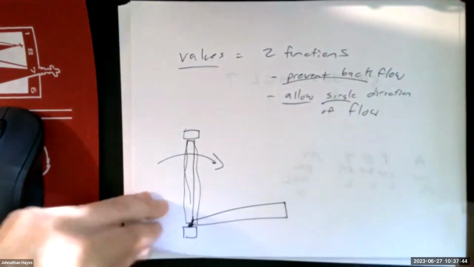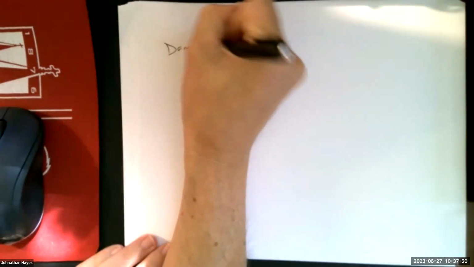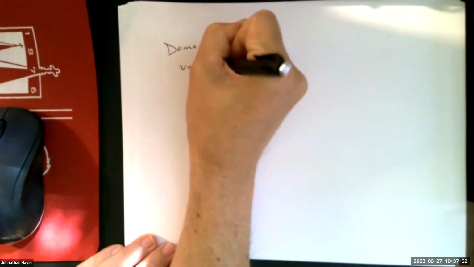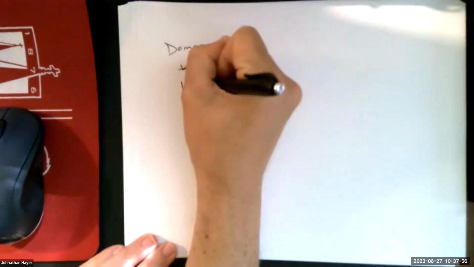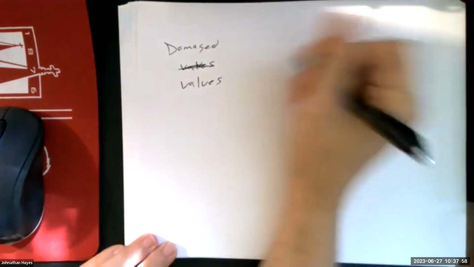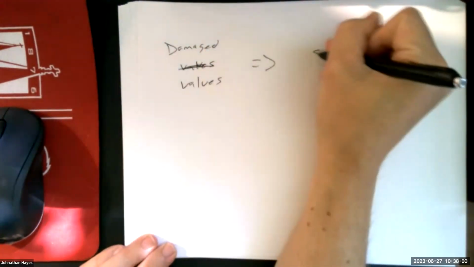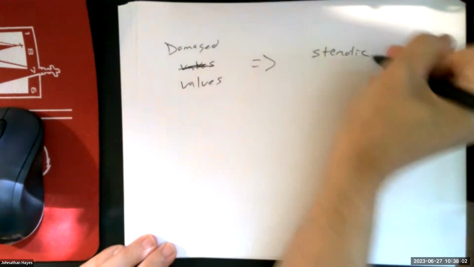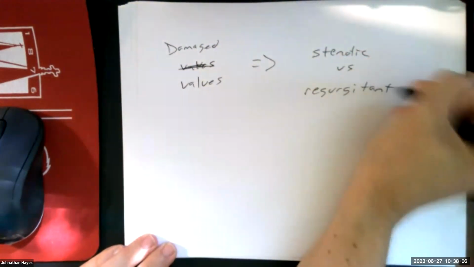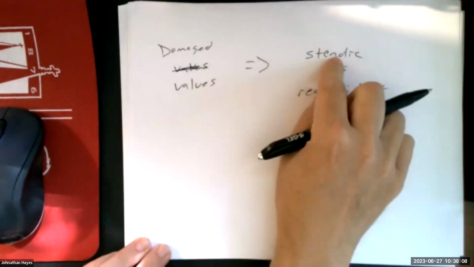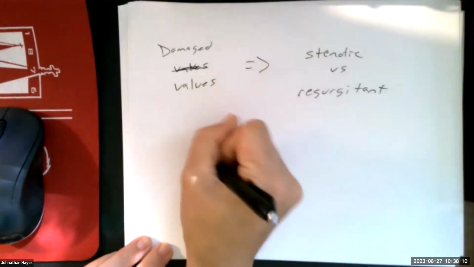But when we get damaged valves, a valve can be damaged in two ways. Damaged valves can usually either become what we call stenotic versus regurgitant. Okay. And a stenotic valve opens, but it doesn't open enough.